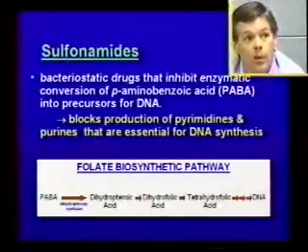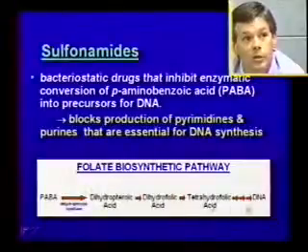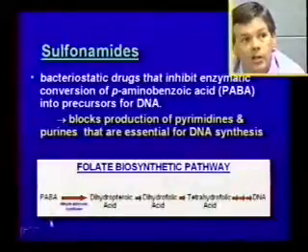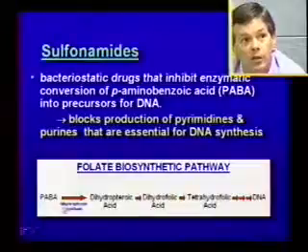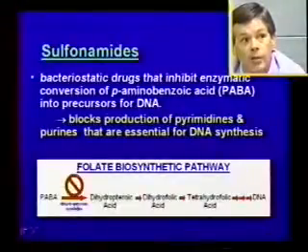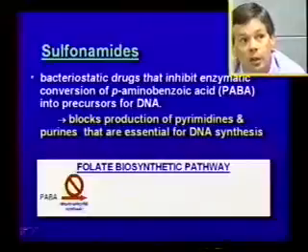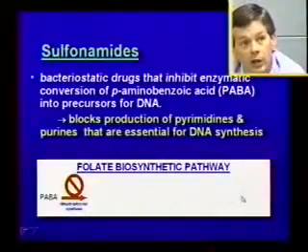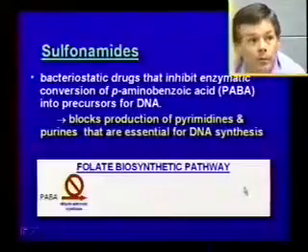And as shown here at the bottom, this is just a linear representation of the synthetic pathway for folates in microorganisms. Paraminobenzoic acid is converted to dihydropteroic acid by this enzyme, and the sulfonamides inhibit the first enzyme in this step and essentially eliminate the formation of DNA as a result of that.